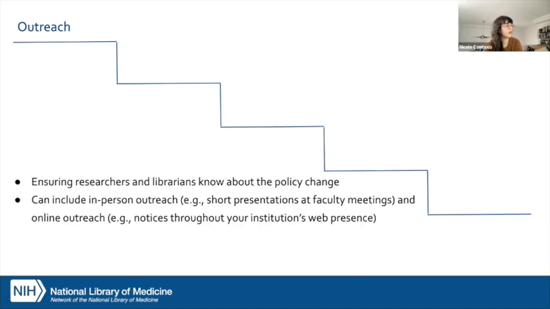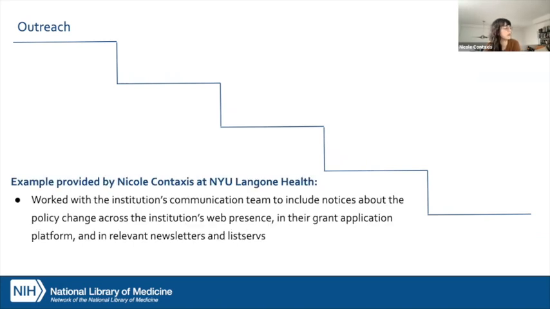So we're going to start off with outreach. When I say outreach, just to be perfectly clear, I mean ensuring that researchers and librarians know about this policy change. This could include in-person outreach, so perhaps short presentations at faculty meetings, or online outreach, like notices on the library's webpage or other places on your institution's web presence.